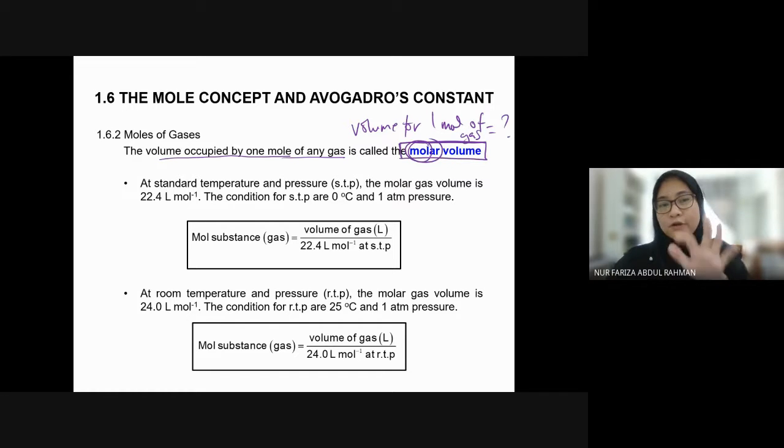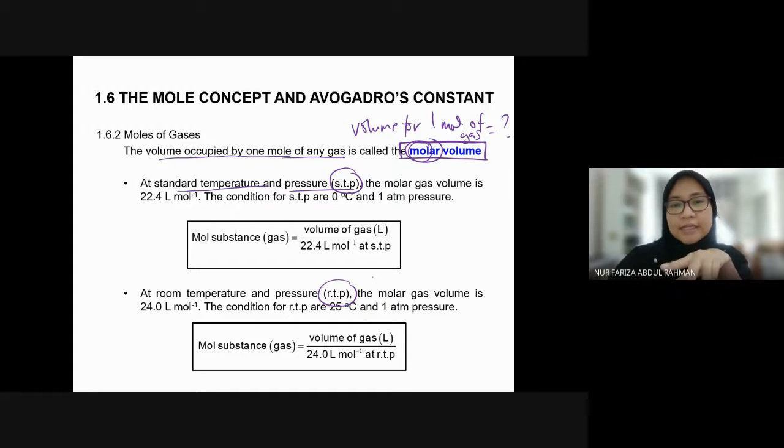But before that, we have 2 conditions that we need to consider. One is at STP, that is known as standard temperature and pressure. The other one is known as RTP, room temperature and pressure.